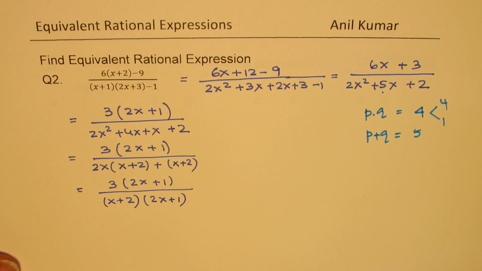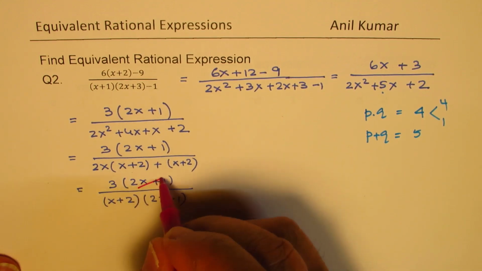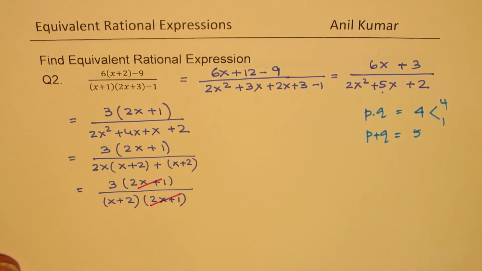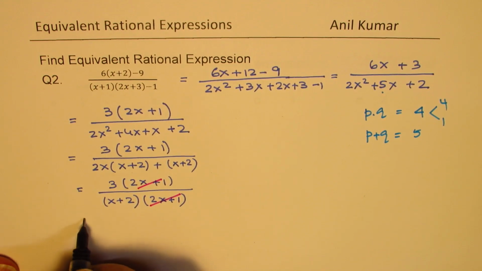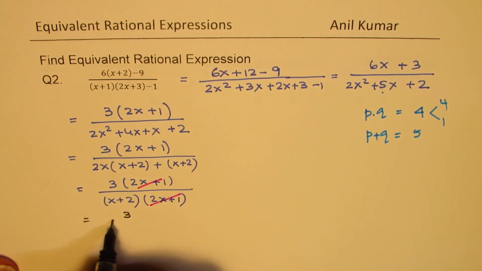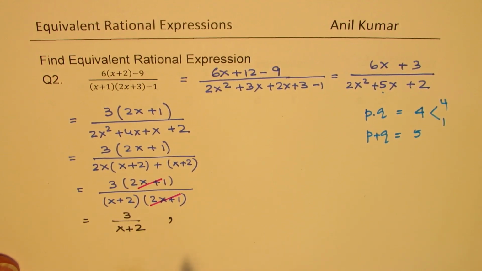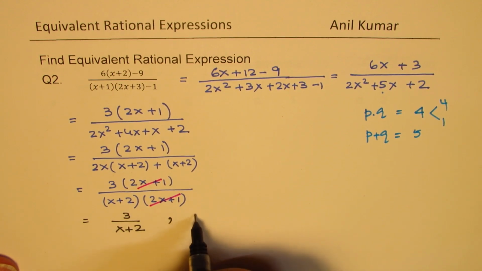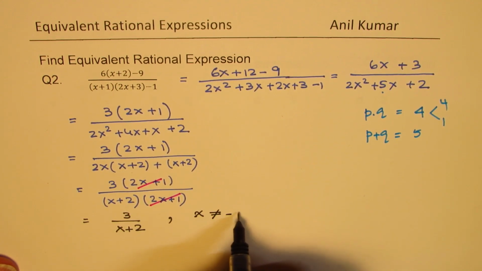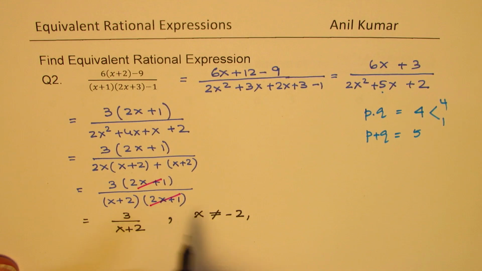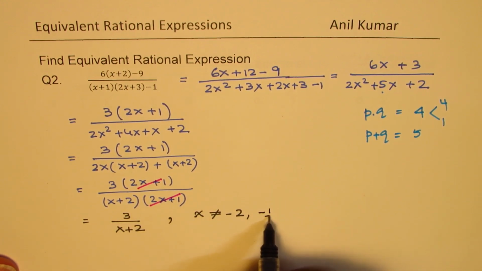Now 2x plus 1 and 2x plus 1 can be cancelled, and we can write this as equivalent to 3 over x plus 2. Now remember to write down the restrictions. In this case, we have two restrictions. One is that x is not equal to minus 2. The other one is that x is not equal to minus half.